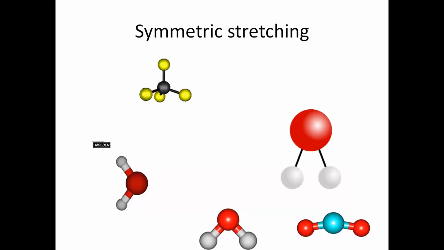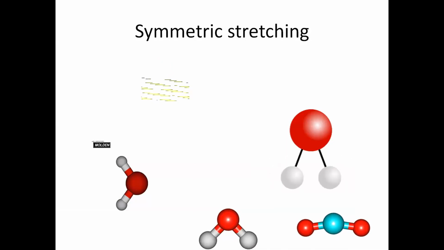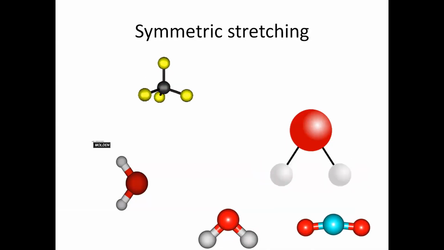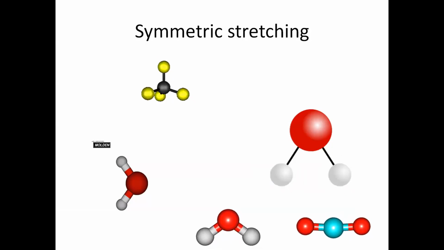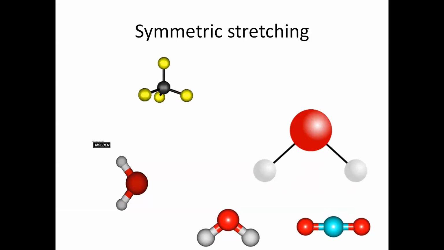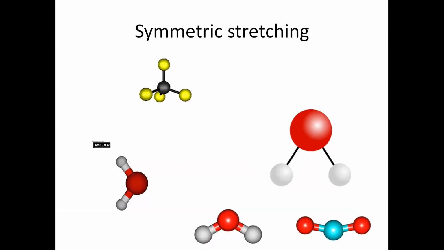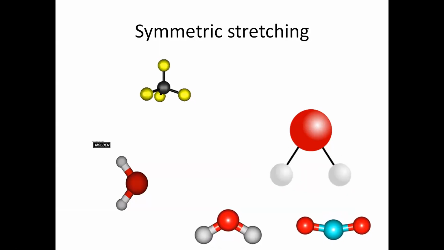Now you can see some more actions in some other types of molecules. Here you can see a black center atom, and four other atoms connected by bonds to this center. So this is symmetric stretching, which you can see here in the top molecule.